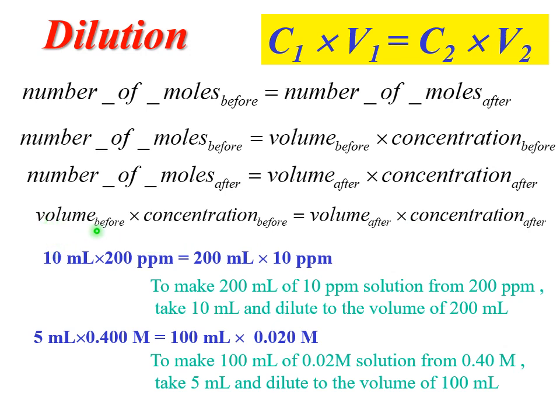So volume before multiplied by concentration before is volume after, concentration after, or C1 multiplied by V1 equals C2 V2. Of course, as we have seen before, it's true for grams per liter. Now it's true for ppms, and it's true for molarity units.